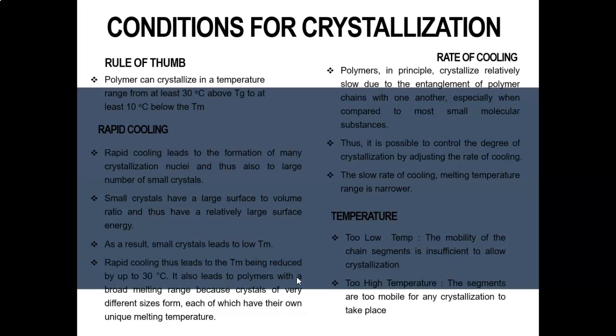For too low a temperature, the mobility of the chain segments is insufficient to allow crystallization. If we use too high a temperature, the segments are too mobile for any crystallization to take place, meaning that they have more energy to move. So it takes time for the crystallization to take place.